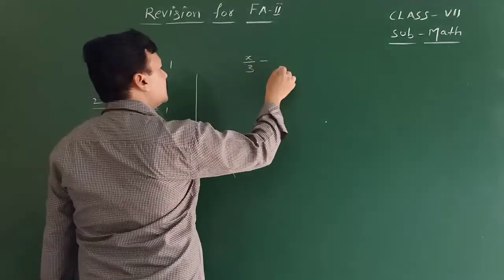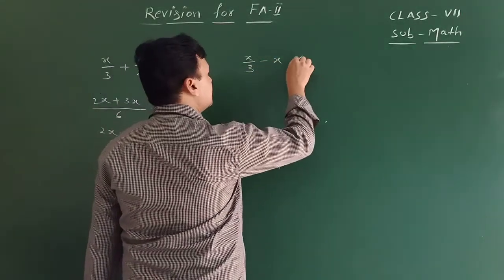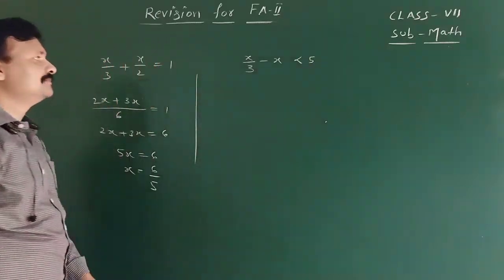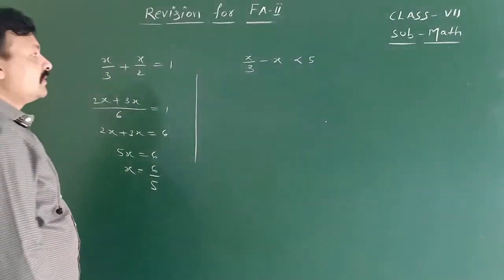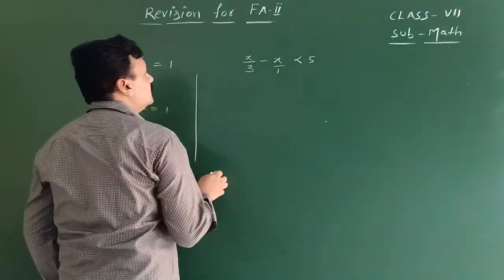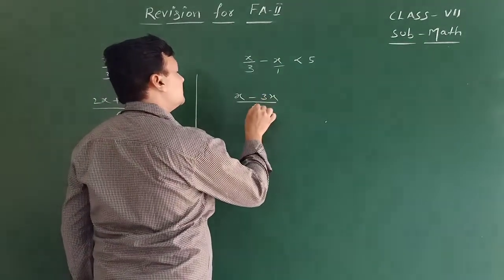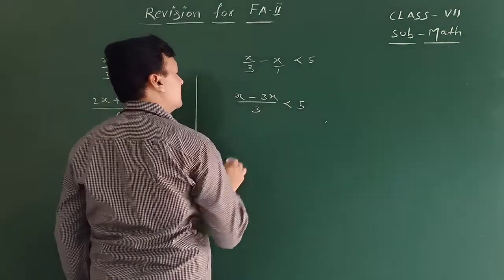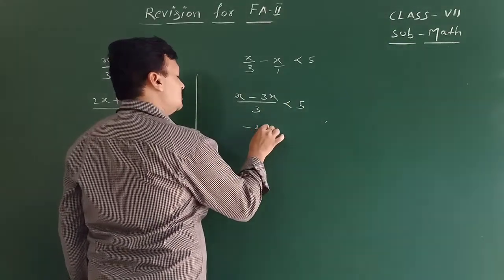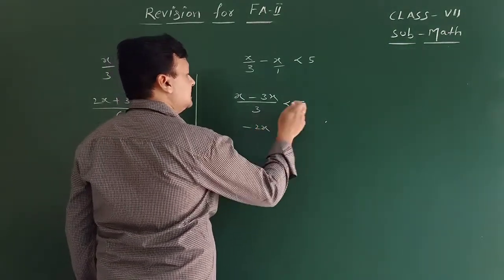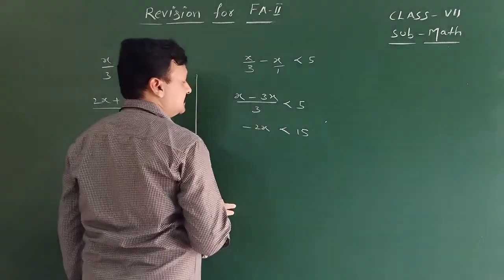If it is an inequation, x by 3 minus x less than 5 is given. Here x minus 3x by 3 less than 5. Here minus 2x less than 3 into 5, that is 15.